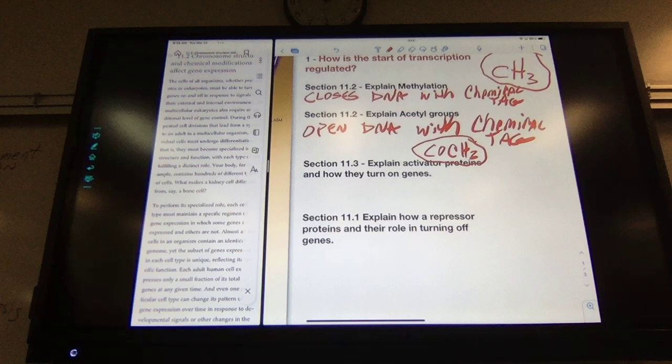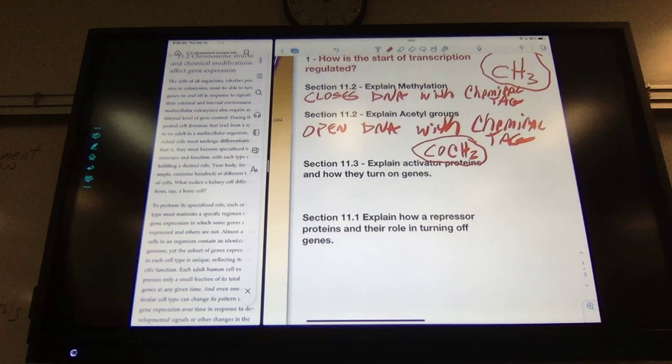All right, let's pick up some speed here and realize that we're still in this area of how do we turn off transcription or how does it get turned on to make messenger RNA. So it's activation proteins, and there's a picture for that. It's in section 3.